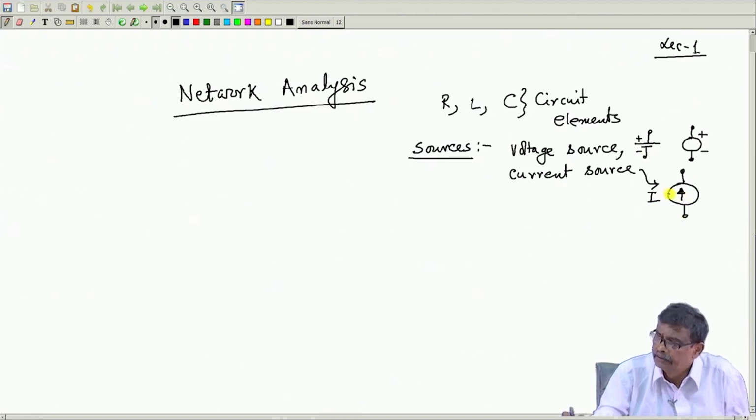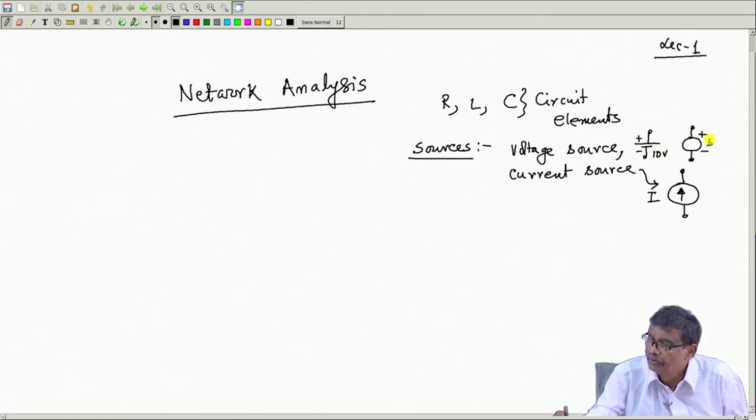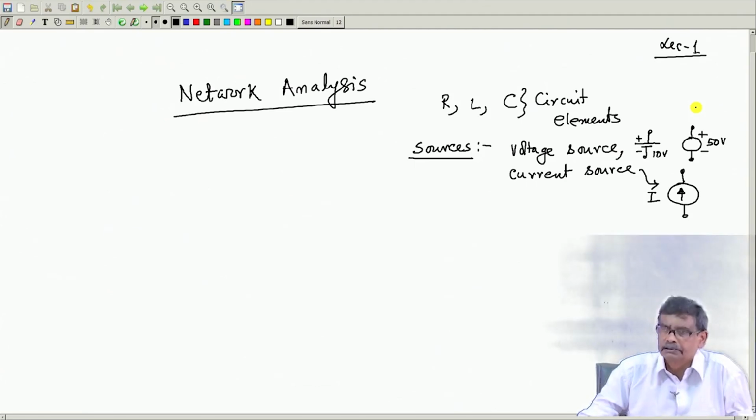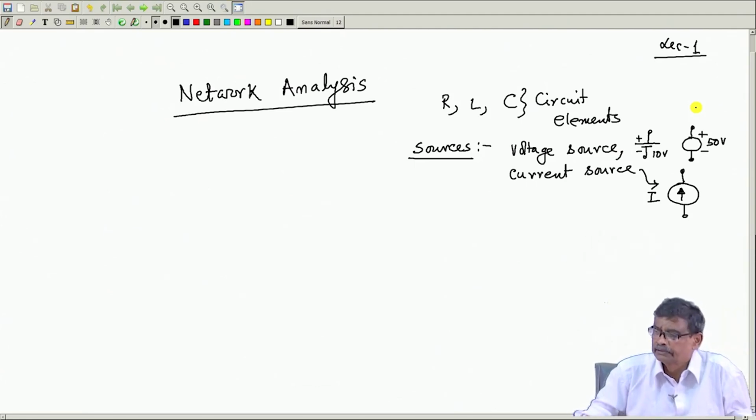And similarly, here the voltage source could be a 10 volt battery or say a 50 volt DC source. Sources could also be time dependent, changing as time passes.